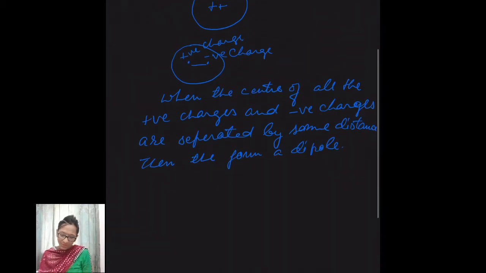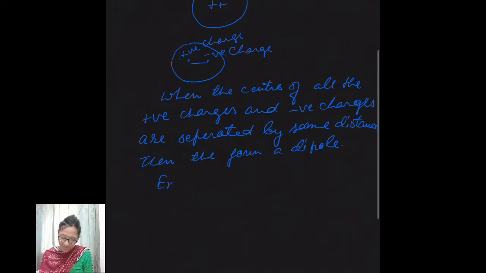We have so many examples. Water is one such example of a dipole. HCl, H2SO4, and so many others.